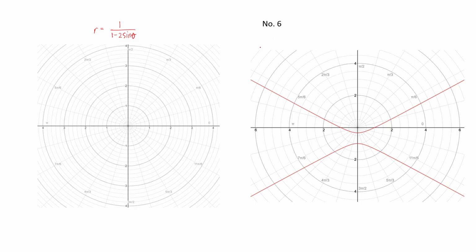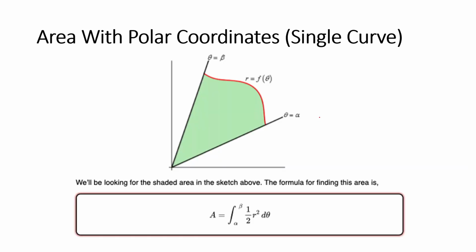Okay, so since we know how to graph our equations, let's proceed with the main discussion, which is the area. So area with polar coordinates under a single curve. So meaning it's under only one equation. So it's only under one polar equation.